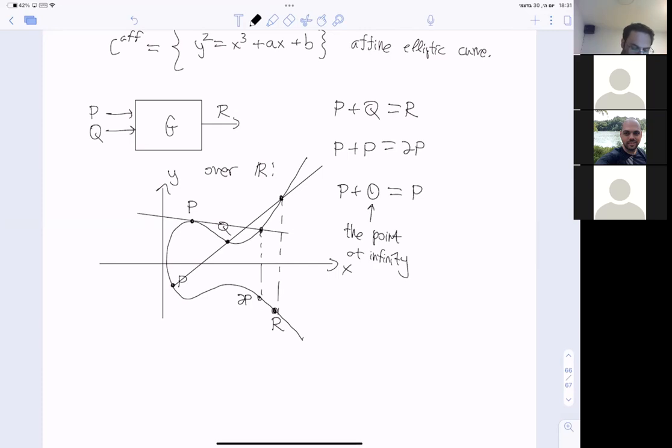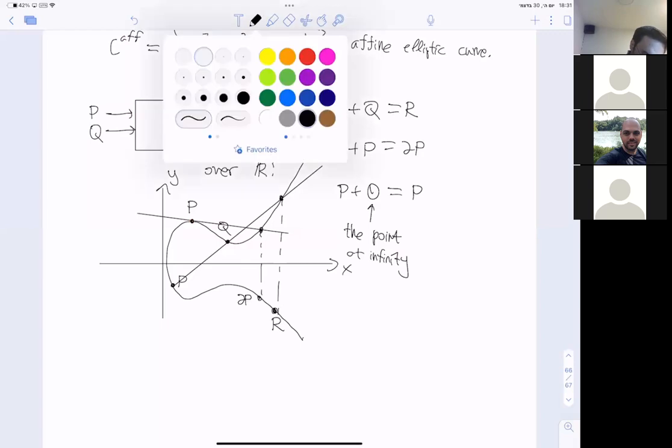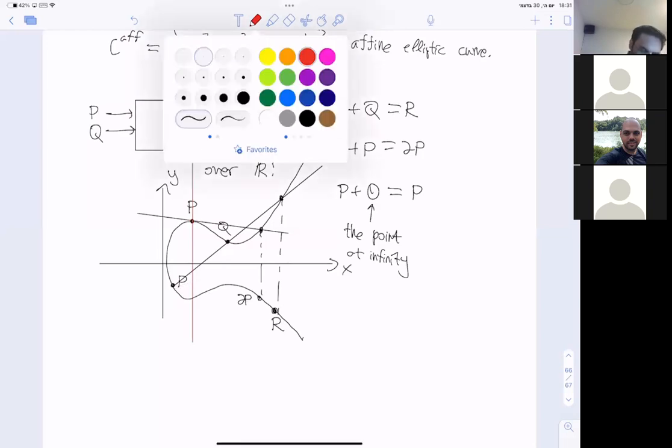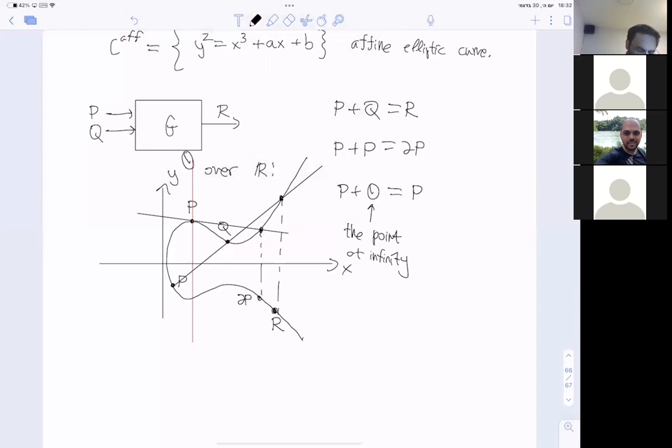So what is the point at infinity? For example, you take this P. So you look at the line that is horizontal. This is O. O is here, is always at infinity.